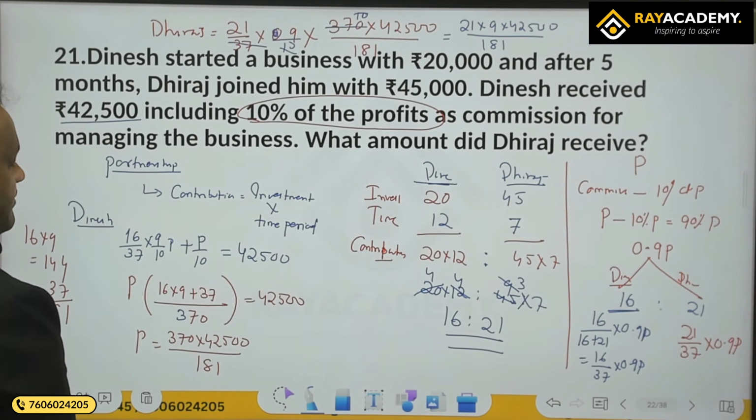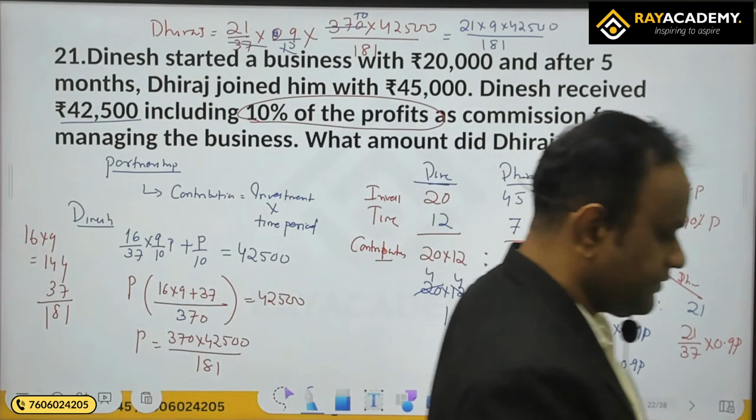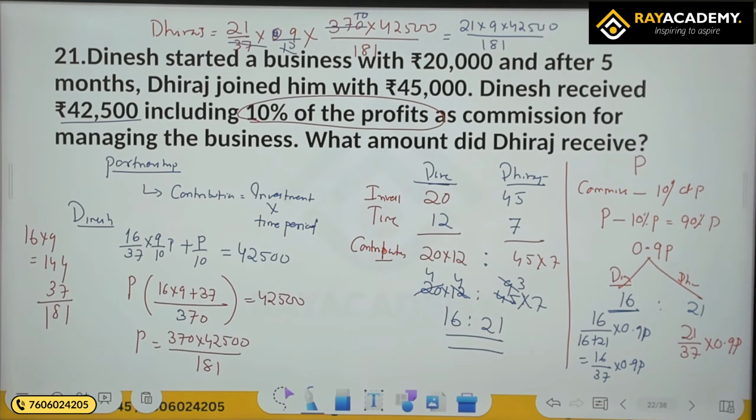So 16 is to 21, and 37 in total, so 16/37 into 0.9P.